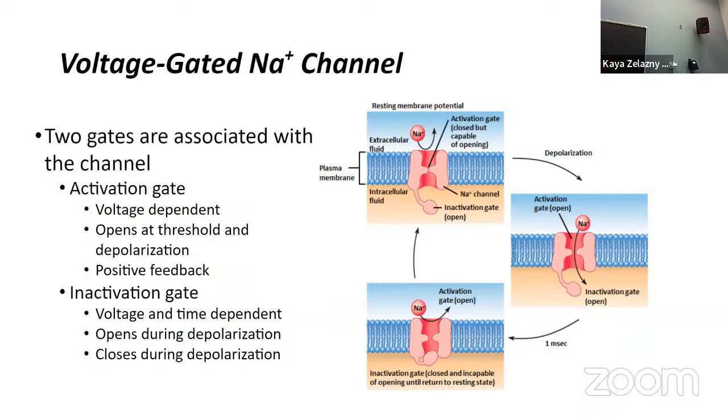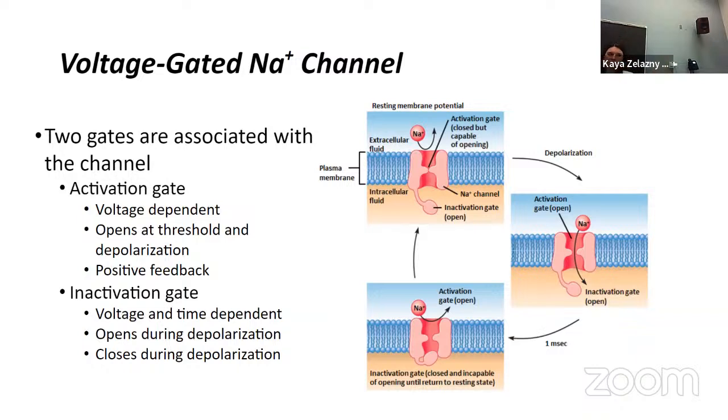As more and more of these gates open, our cell is getting more and more depolarized. Our membrane potential is going up and up, and that triggers more and more voltage gated sodium channels.